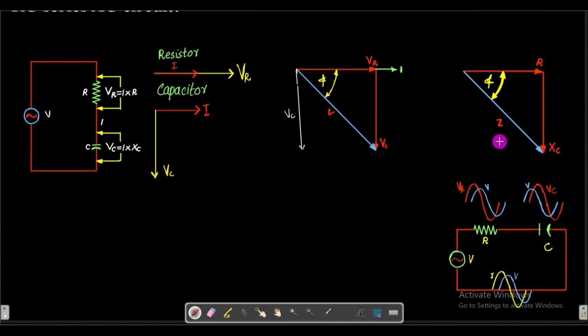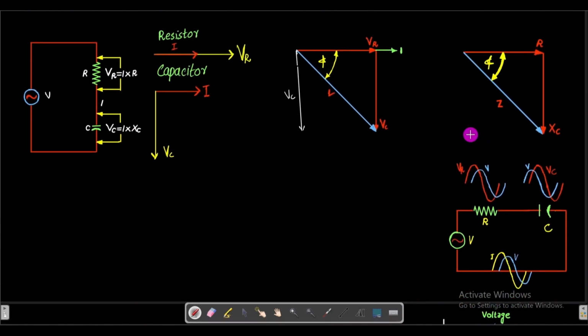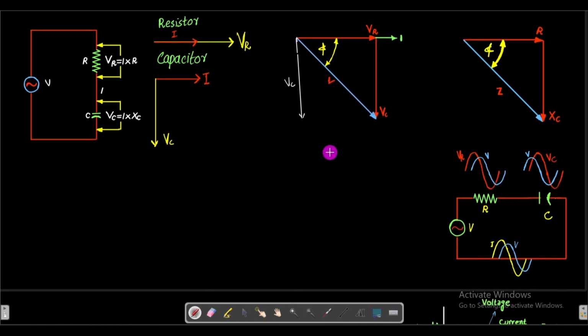First we are going to find the magnitude of this resultant voltage, then after that we will have to find this phi. So first I am going to find the resultant voltage.